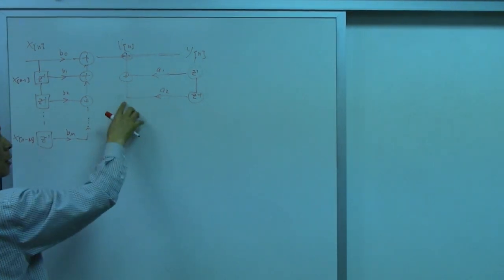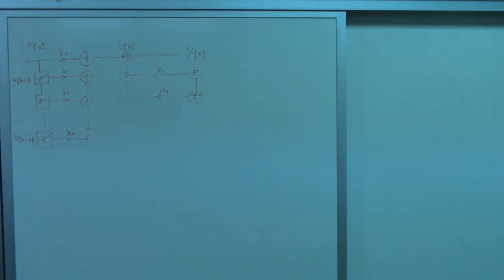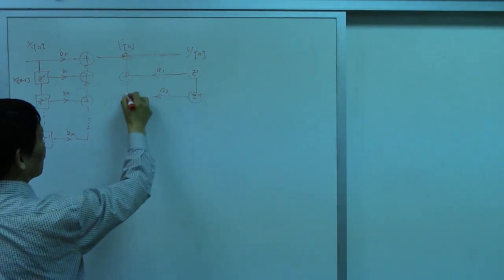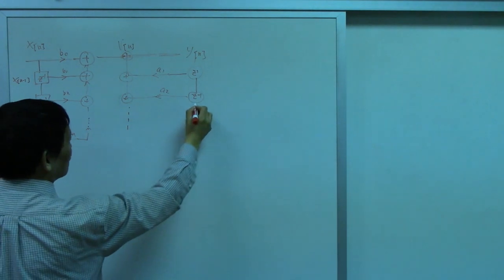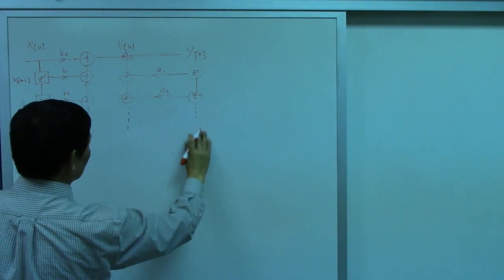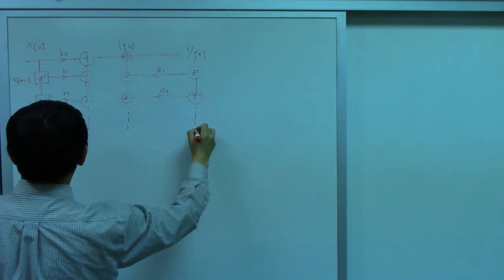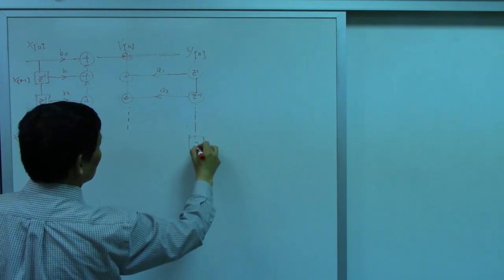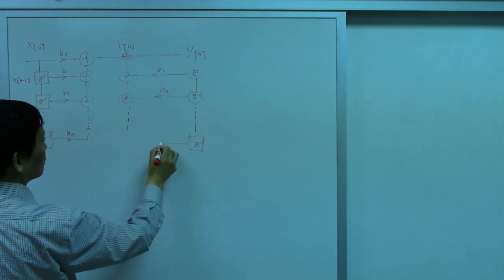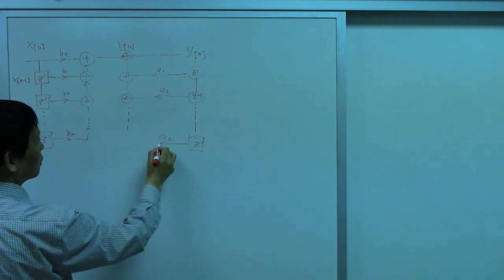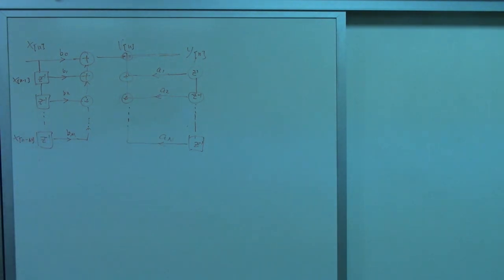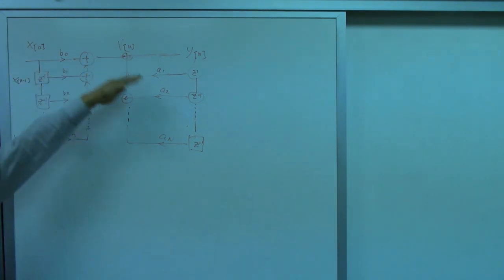If we stop here, then we don't need the plus addition here. But it looks like we have more terms, so we need to have this. The last one will be another delay here, and this one is a_N. I aligned this one, and it looks like the number of branches here equals the number of branches here.